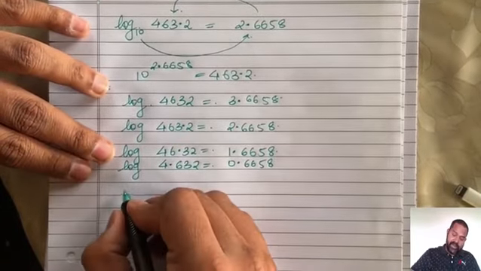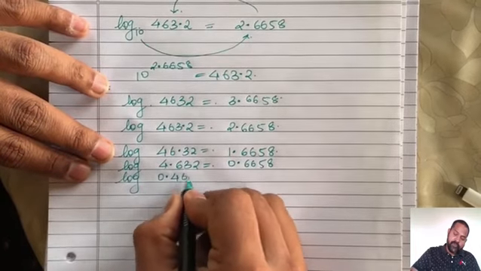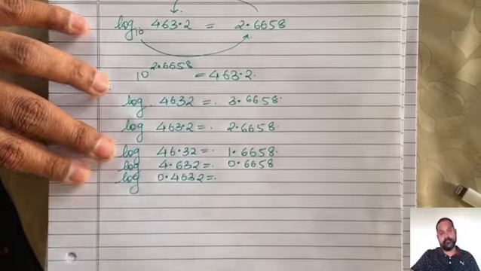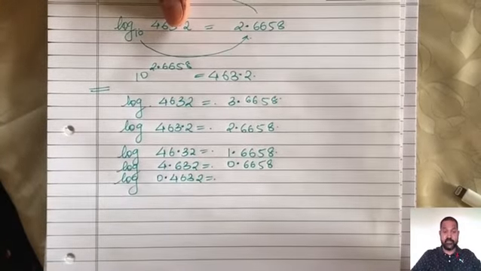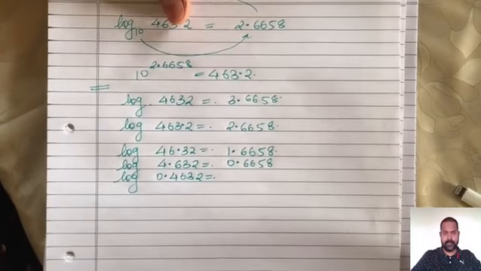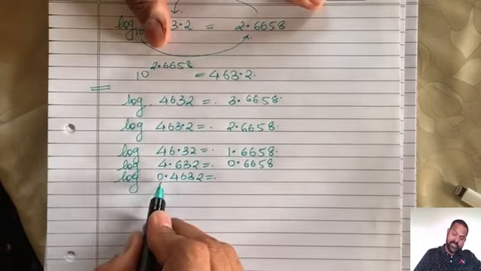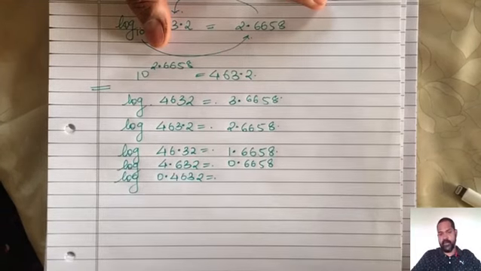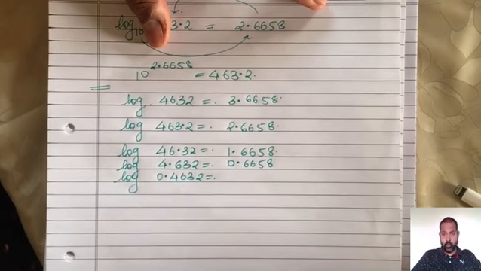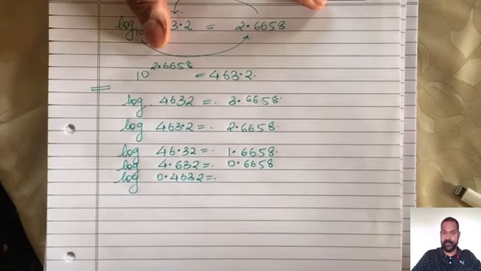But what if now I ask you the log of 0.4632? Now, the moment I write something like this, students immediately jump and say, how many places before the decimal? Everybody says one place before the decimal. Sorry. If it is a 0 to your left, it is not a place to the decimal.